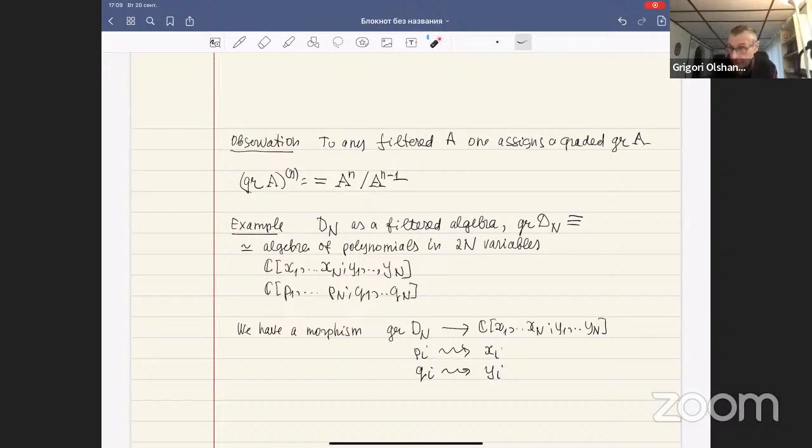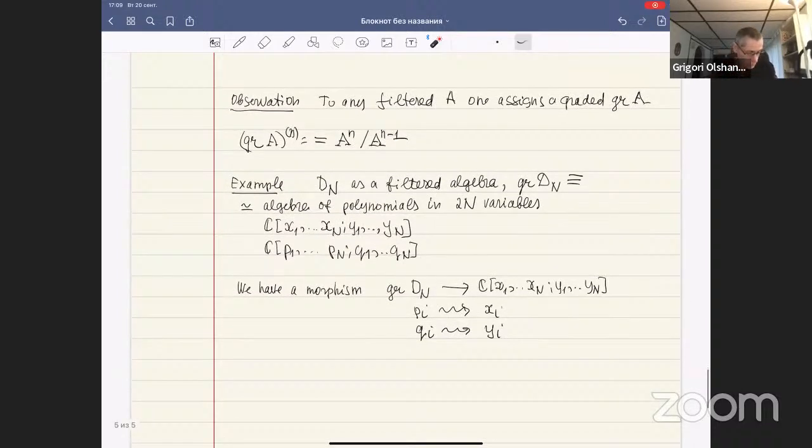And using this fact, we can conclude that this is indeed an isomorphism. And this works for another filtration. If you take the filtration with respect to the total degree, the argument is exactly the same.